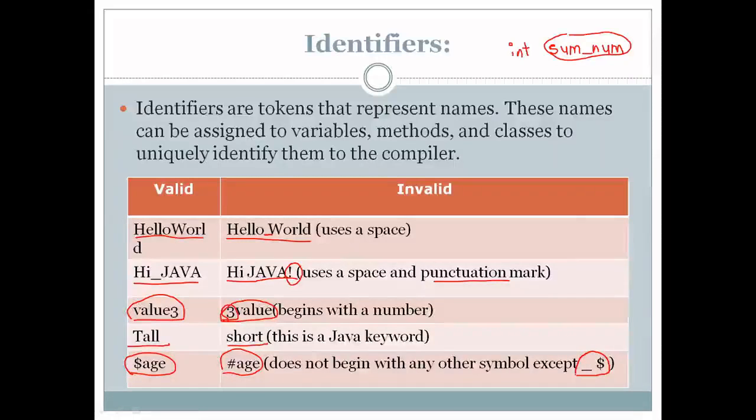So your identifier should not begin with a symbol other than underscore and dollar. Means it can begin with underscore or dollar, but other than these two symbols, no other symbols are allowed to use at the beginning of your identifier. So this is about identifier. As I've said, identifier simply represents the name for variables, methods and classes.